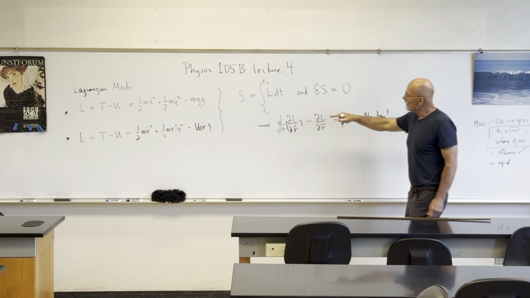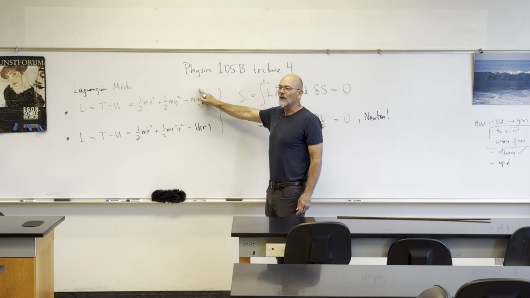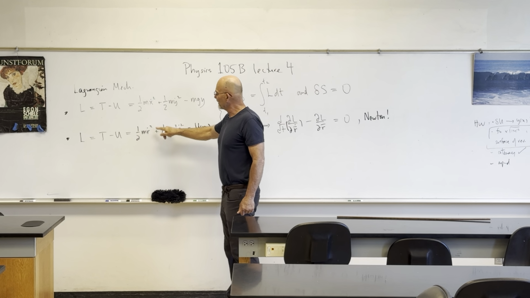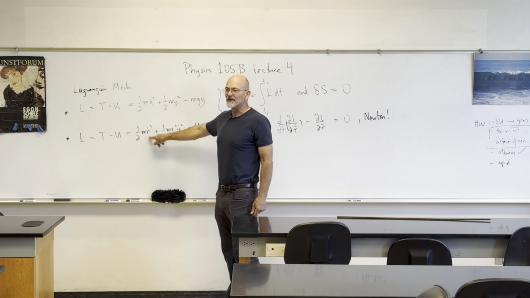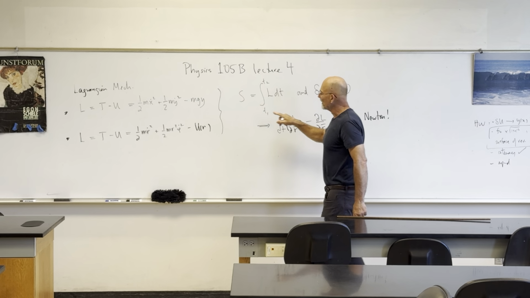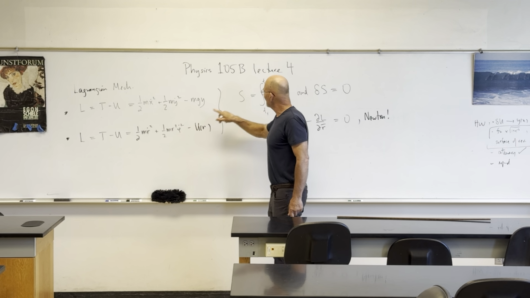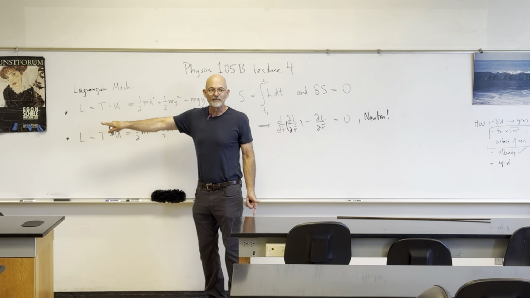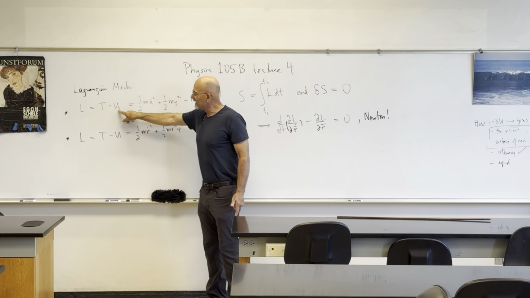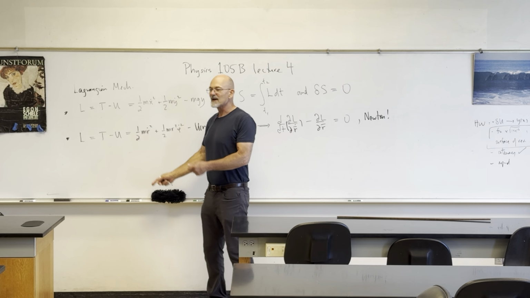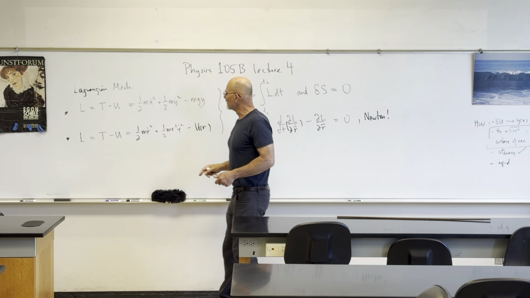But with these examples, we already see something interesting going on because we can do problems in different coordinate systems. This here was Cartesian, but because this is a scalar, right? Kinetic minus potential energy is a scalar, we can express it in any coordinate system we want, and then we'll automatically get the equations of motion.